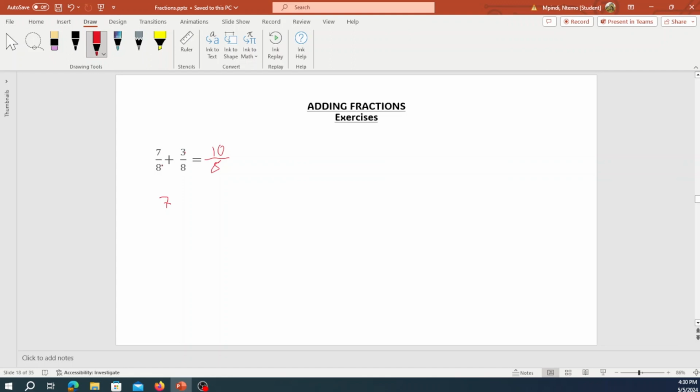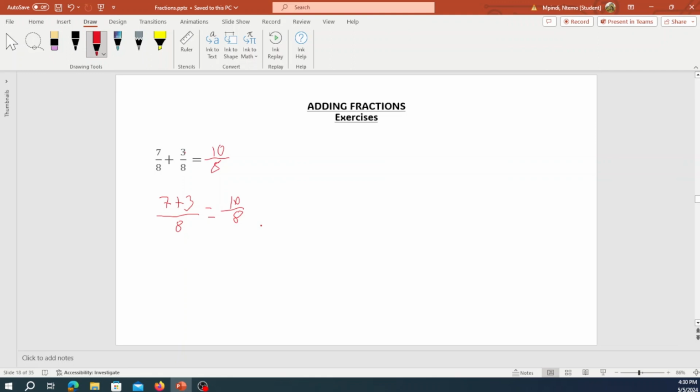This is 7 plus this 3. Okay? And the bottom says, since both of them are the same, we're just gonna use 1 because they're the same. Okay, and then equal. Now 7 plus 3 equal 10, and then the bottom the same. Okay, that's how we do it.